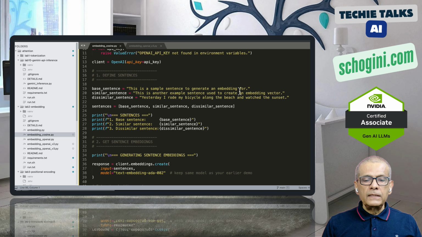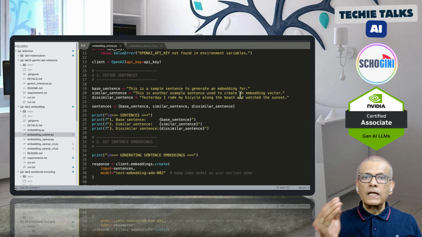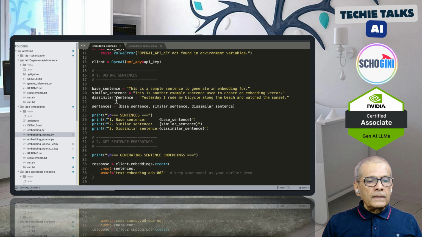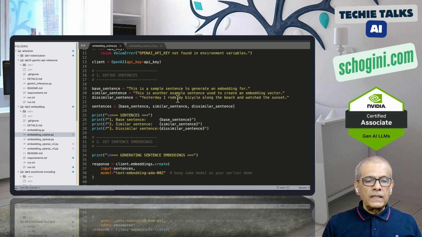So do you agree that these two sentences are similar? So for this also we'll create an embedding. Remember, when we say create an embedding, we convert this sentence into a vector with 1536 dimensions. And then we also have a dissimilar sentence: yesterday I rode my bicycle along the beach and watched the sunset.